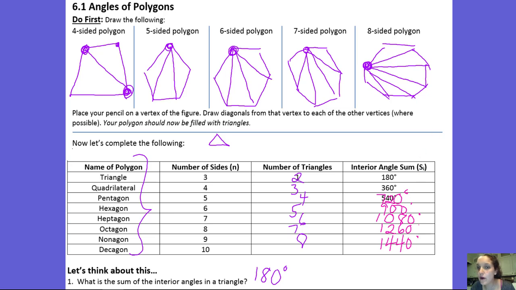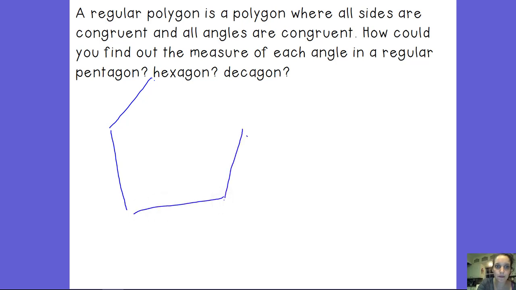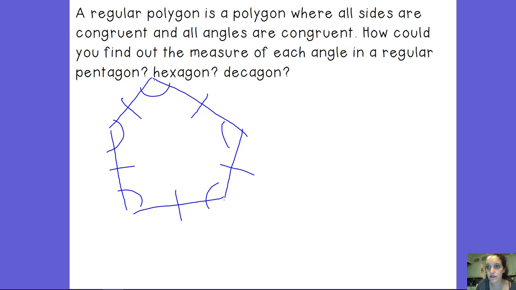So if we know the sum, can't we figure out just one if they're all going to be equal? So if you think about a pentagon, if we have a regular pentagon, that's not a regular pentagon, but we're going to go with it. That means all the angles are going to be congruent to each other.